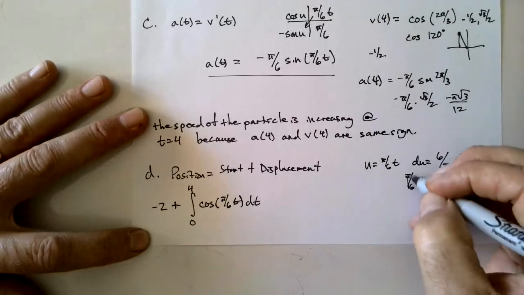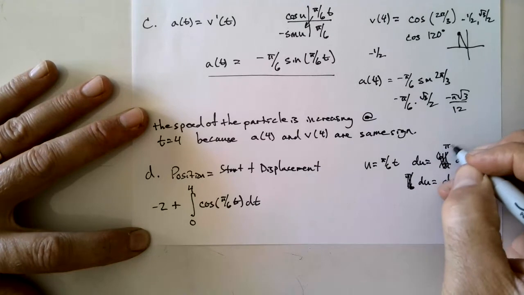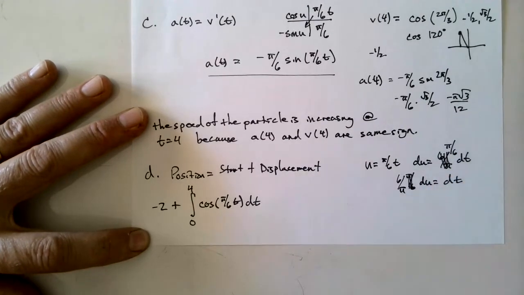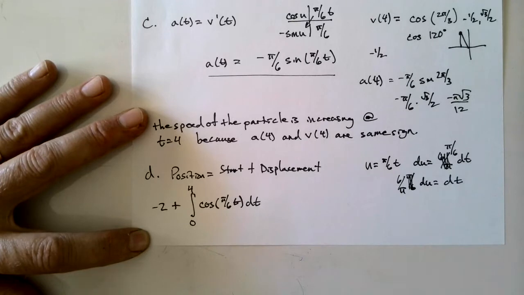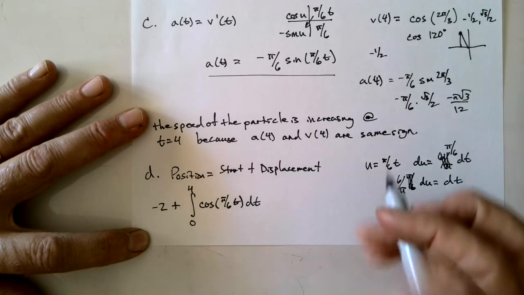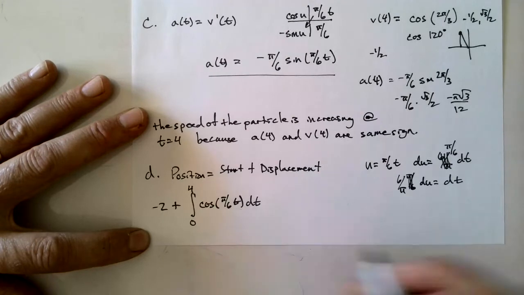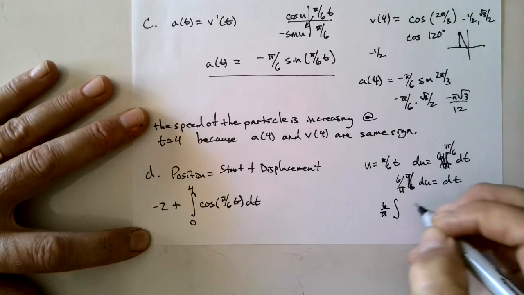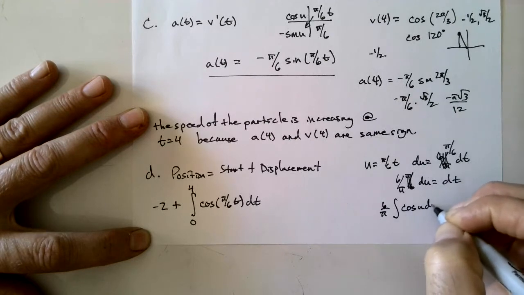What? Totally wrote that backwards because I'm thinking ahead. So we have a 6 over pi du is equal to dt, excuse me. So in order to determine that integral, I have the integral 6 over pi of cosine of u du.